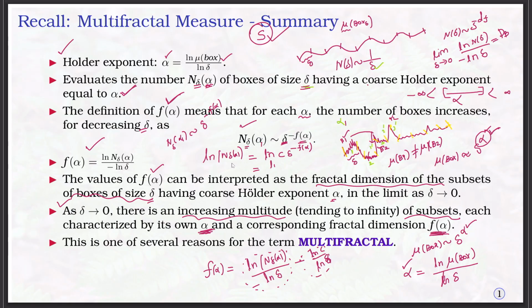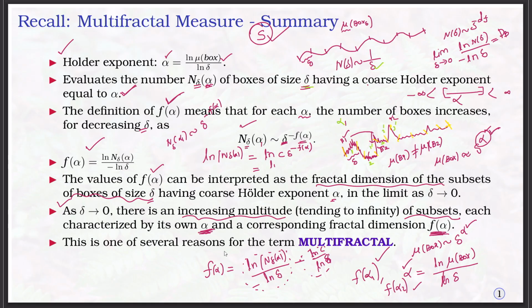Say we define these as B1 and B2. The B1 collection with respect to alpha 1 has the fractal dimension f of alpha 1, and the B2 collection has the fractal dimension f of alpha 2. So each collection is characterized by its alpha and corresponding fractal dimension.